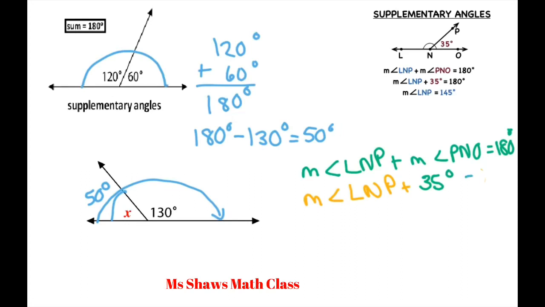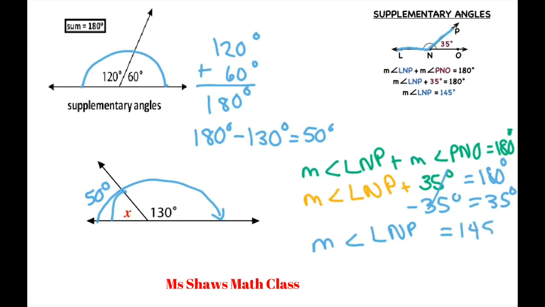That should equal 180 degrees. So you subtract 35 degrees from both sides. That zeroes out. So we get the measure of angle LNP right there equals 145 degrees. So this would be 145, and you can check your solution and add these two up and you'll get 180.